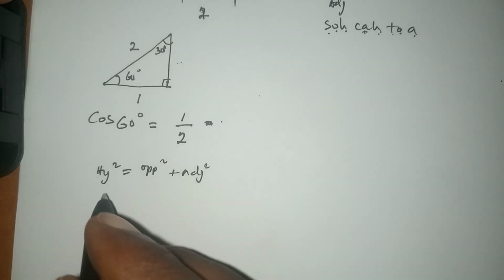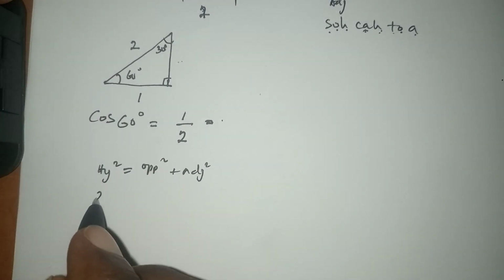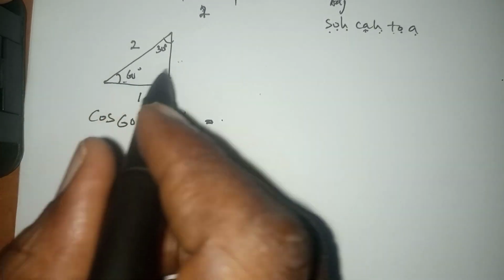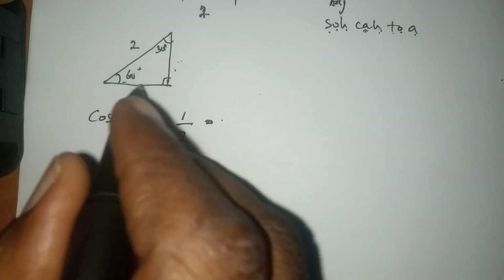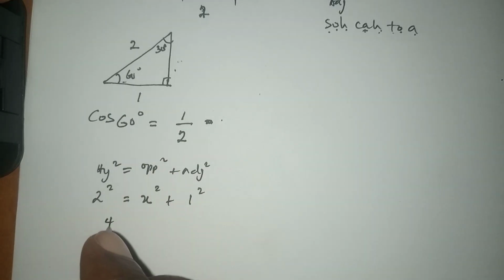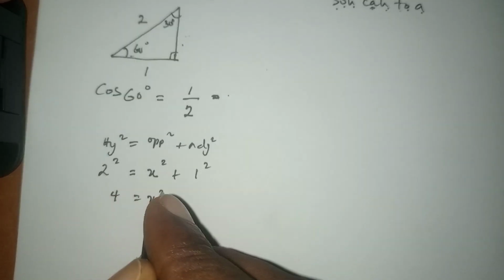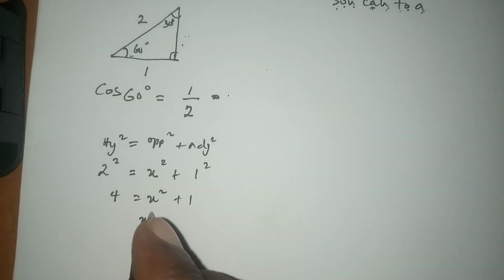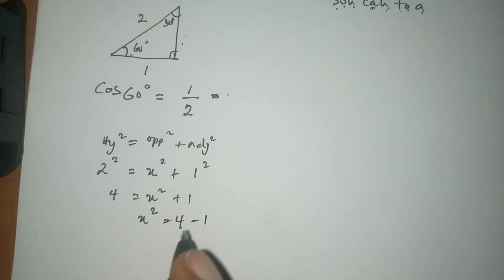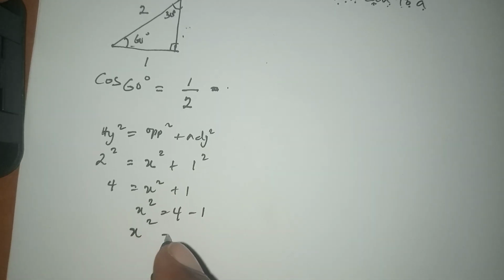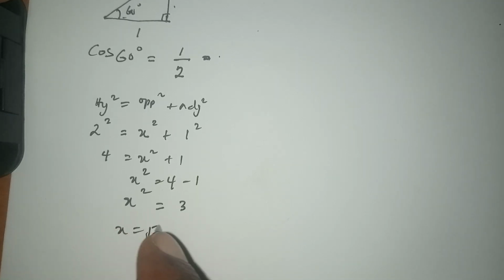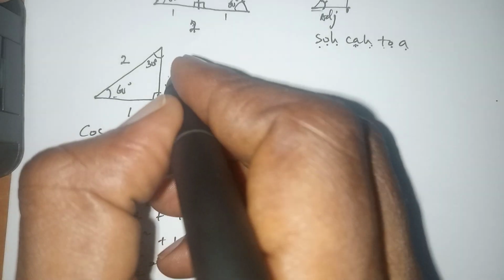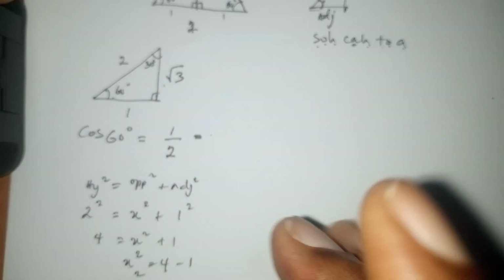So we have, what's the hypotenuse? 2 all squared equals opposite unknown, let's place it at x squared, plus adjacent is 1 squared. So this is 4 equals x squared plus 1. So x squared equals 4 minus 1. So x squared equals 3. So x equals root 3. So this place is root 3.